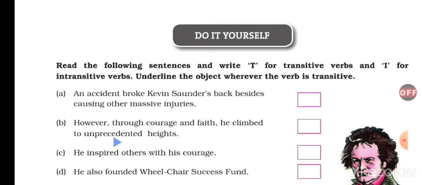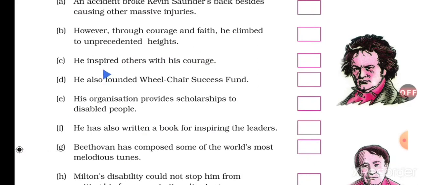Now the next question is C. He inspired others with his courage. Inspired whom? Others. So it is also transitive.